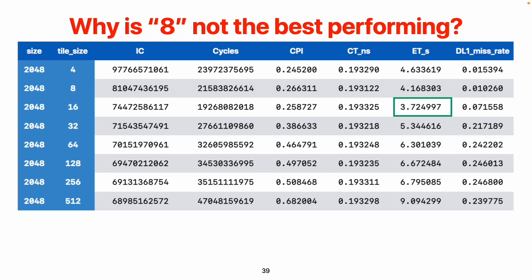And for 8x8, because you don't have conflict misses, you don't even have to visit L2. So you already have the best memory performance. But what's wrong with 8x8? It's because you need additional iterations of the loop, right? So how many loop iterations do you have to perform? If it's 8x8, you have to go to the outer loop every 8 elements.